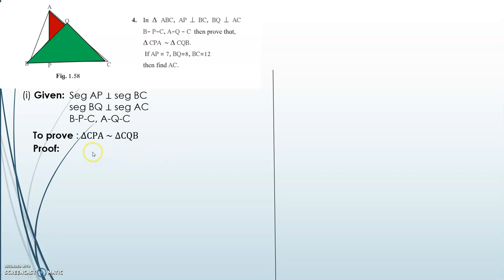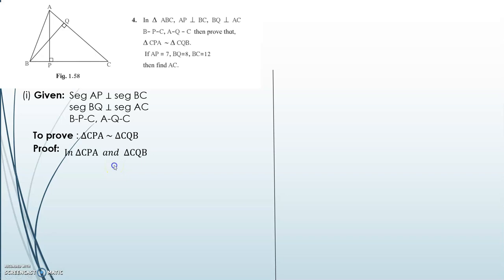Now here you can see, segment AP is perpendicular to segment BC, BQ perpendicular to AC. So these two angles, angle APC and angle BQC, are 90 degrees. So that we can write.